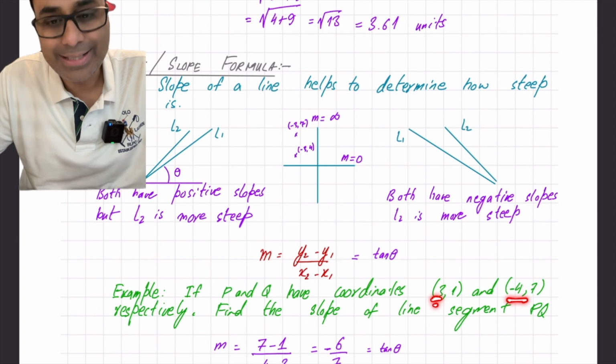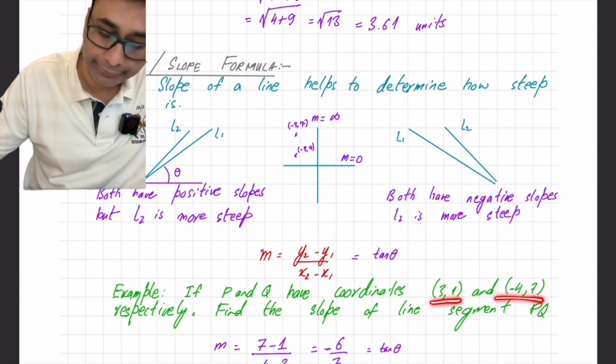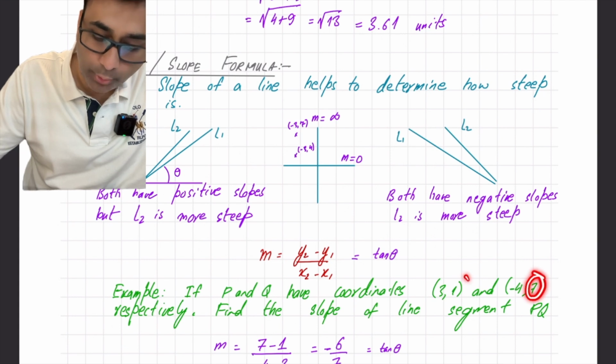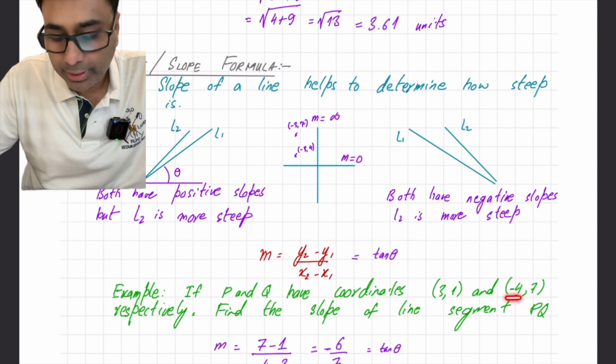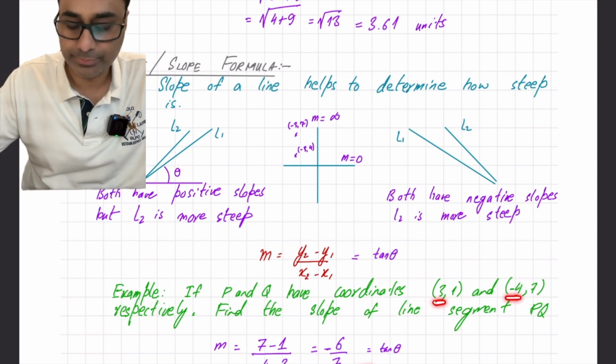So if you're subtracting the second point from the first point, you have to be consistent with both x and y. So here, if I have these two coordinates, I'll find the gradient by y2 minus y1, that will be 7 minus 1, and I'll find the difference of the x coordinates, that will be, in this case, minus 4 minus 3, and that tells me the gradient.